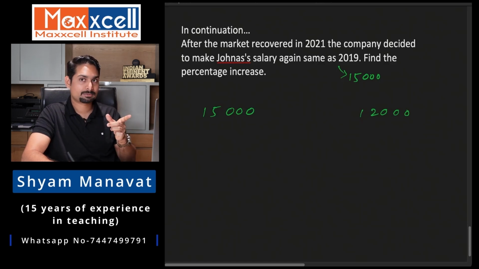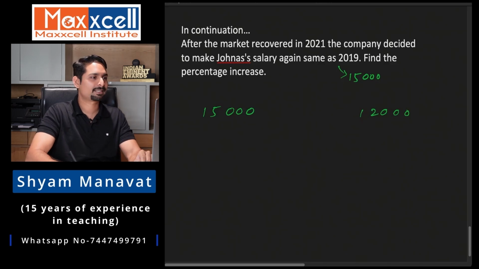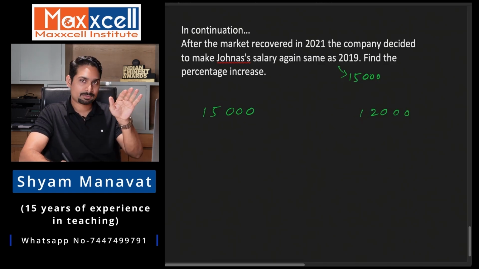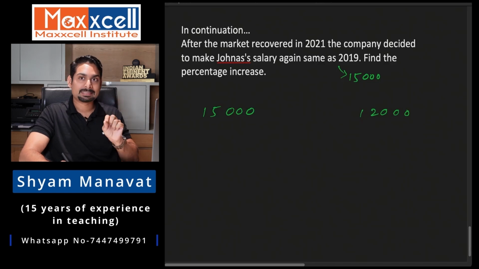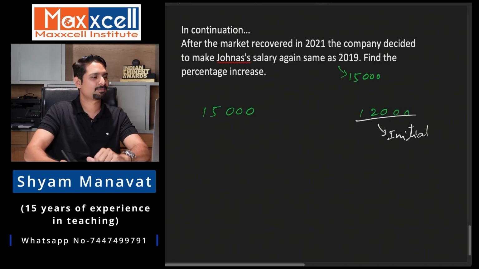To make it 15,000 from 12,000. Correct. The salary was 12,000. So this time the initial value is not 15,000. The initial value is 12,000.